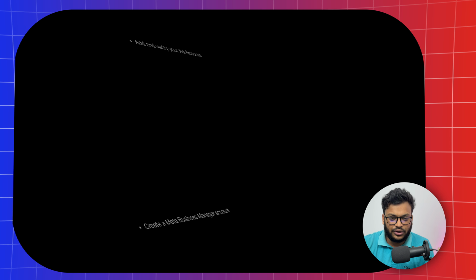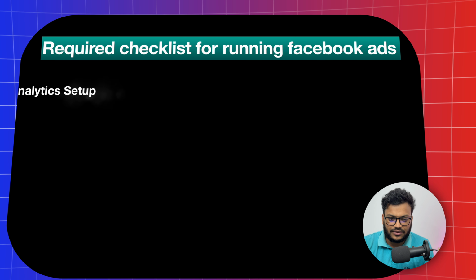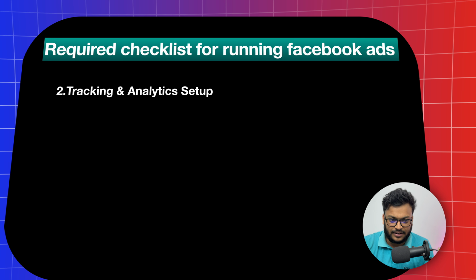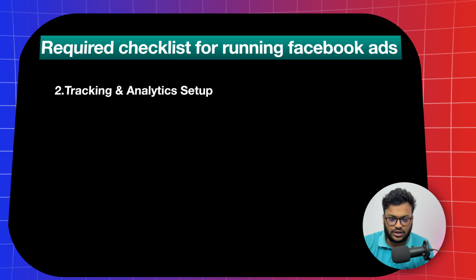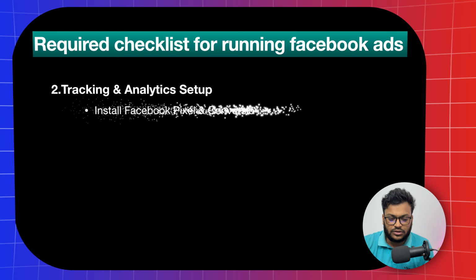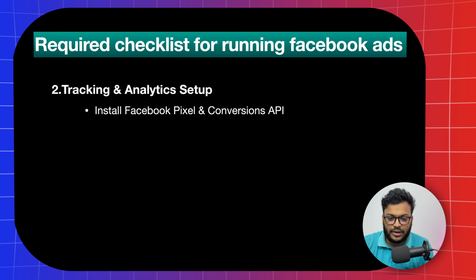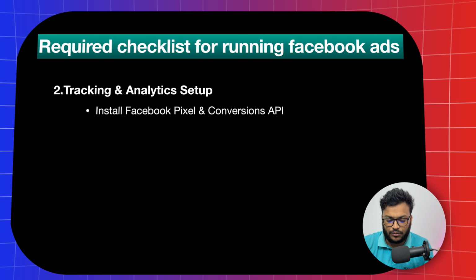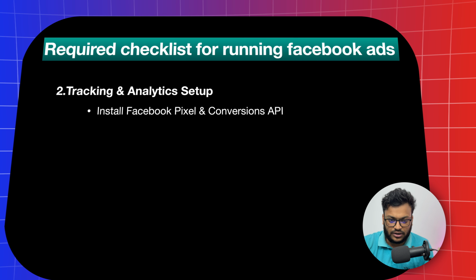And number two in my list is tracking and analytics setup, which is a very crucial part of running Facebook ads and getting profit from that. You can install the Facebook pixel and Conversion API to track your viewers.